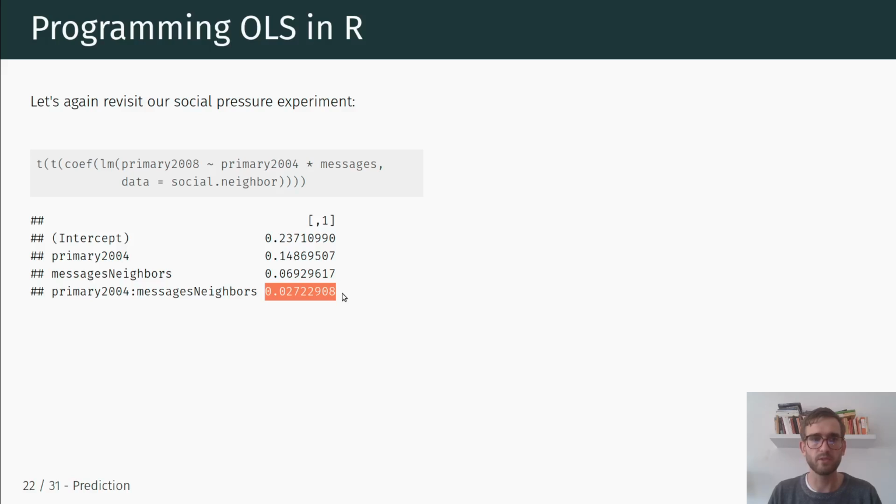So for those who participated in the 2004 primary, the effect of the social pressure treatment as compared to the control was basically 6.9 percentage points plus 2.7 percentage points. So almost 10 percentage points increase in the expected turnout rate among people who participated in the 2004 primary who received that social pressure message. All right, so much for a recap of interpreting these interaction terms.